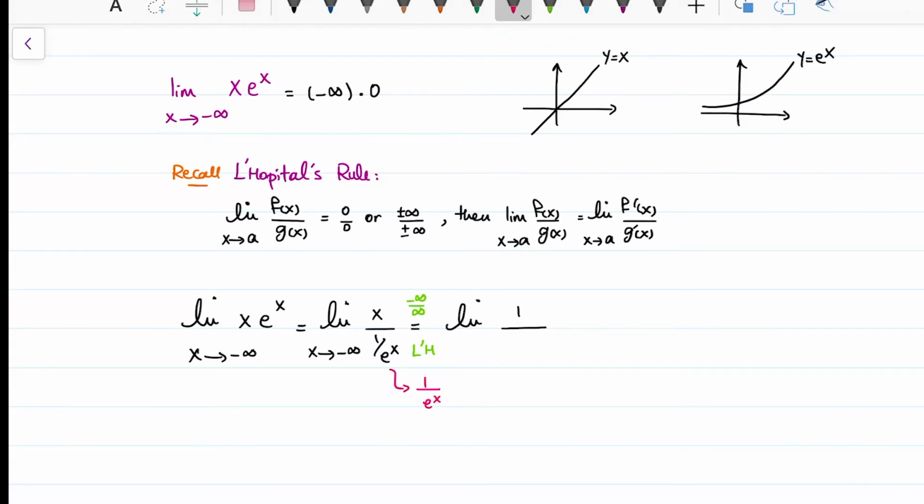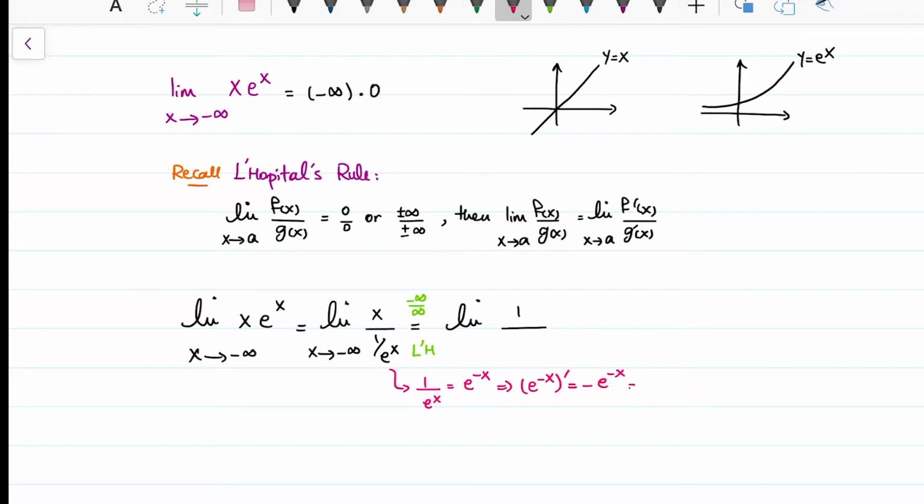I have 1 over e to the x, and I can rewrite this as e to the negative x. When we have something on the denominator and we bring it up, the exponent gets negative. And in that case, the derivative of e to the negative x is negative e to the negative x.